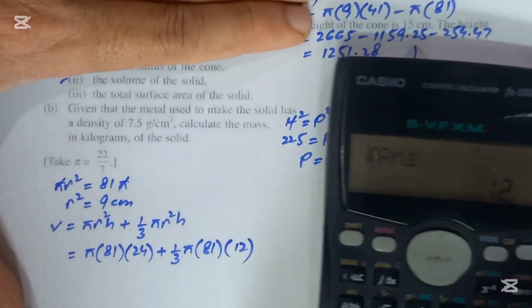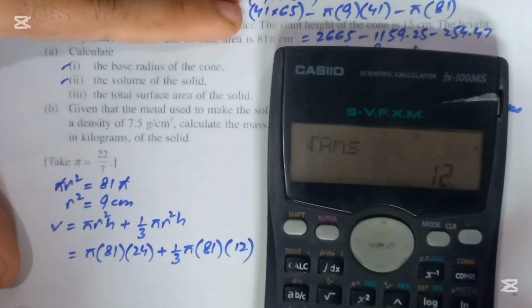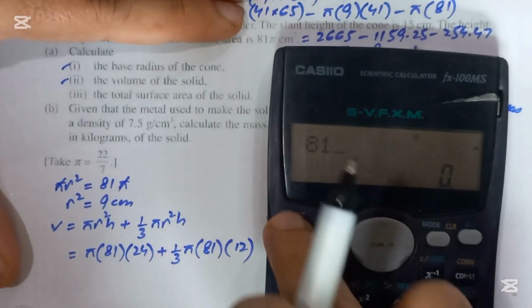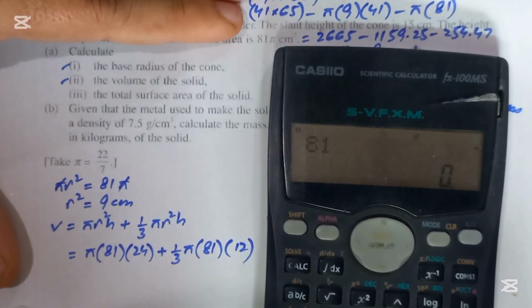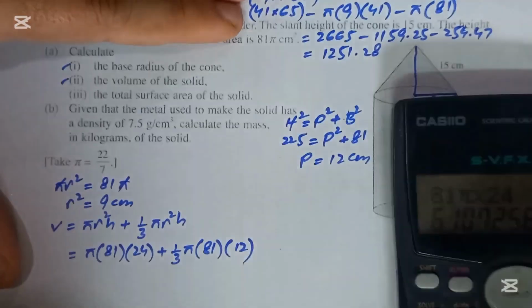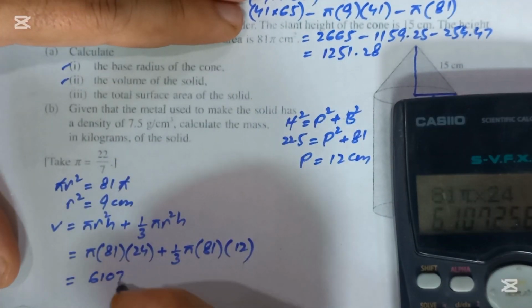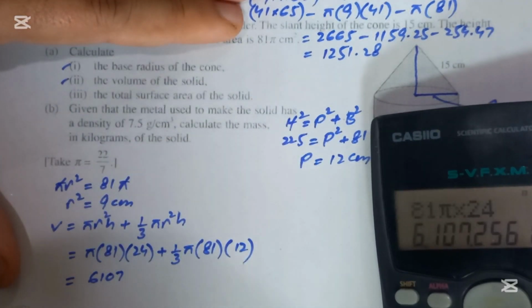Now use the calculator. This will be 81 pi multiplied by 24. Answer is 6107.26.